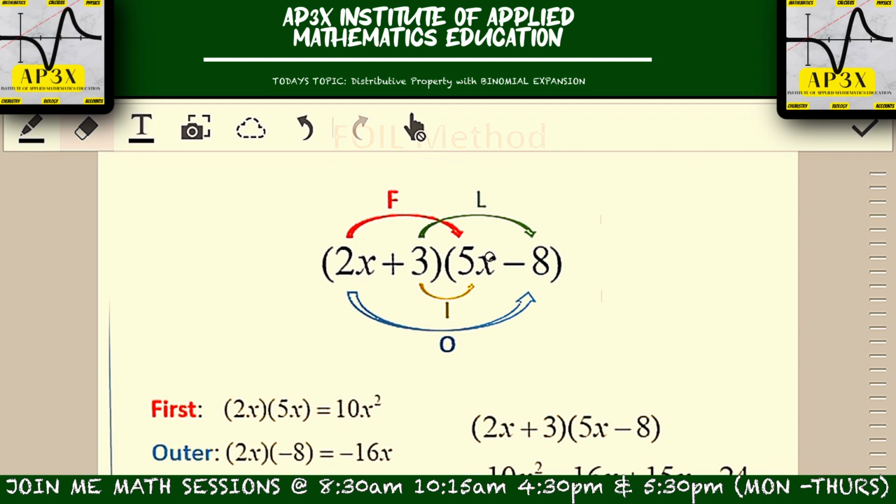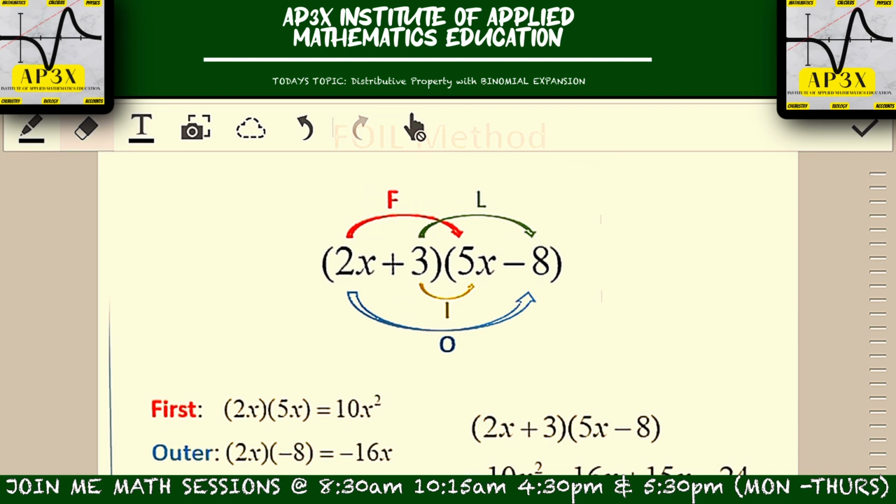The F here stands for multiplying the first term in one bracket with the first term in the second bracket. Then we do the outer, so the first term with the outer term. Then we do the inner term, then the last terms.